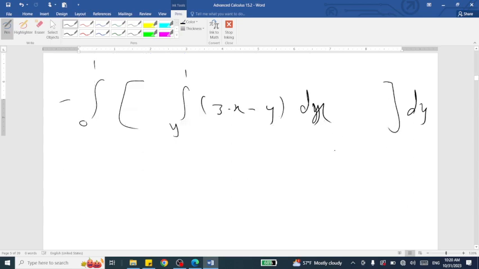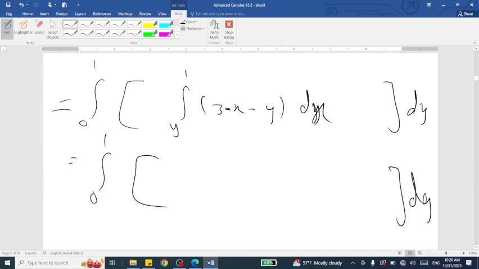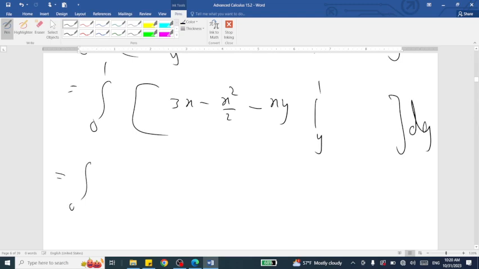Now solve it. 0 to 1, dy. 3x minus x squared over 2, minus xy. Careful, substitute 1 and y. Careful, and I gave you the note. After this substitution, we shouldn't have any x, right? We shouldn't have any y.